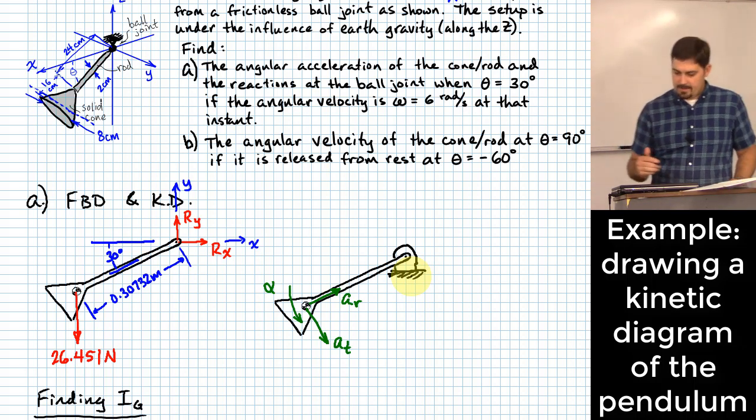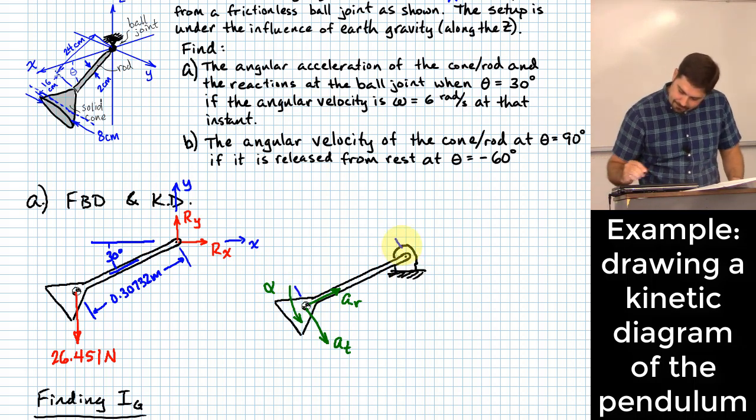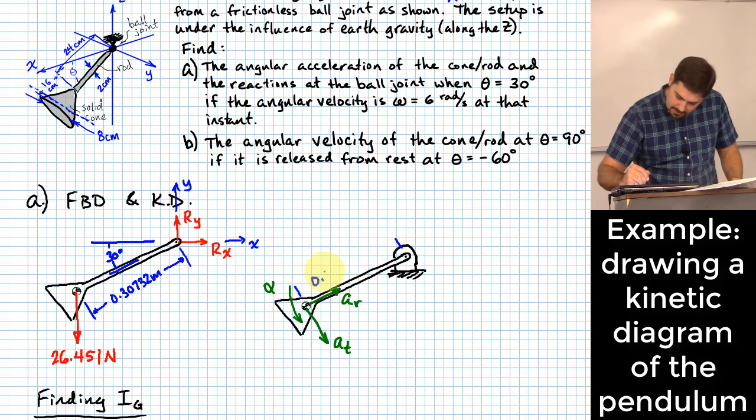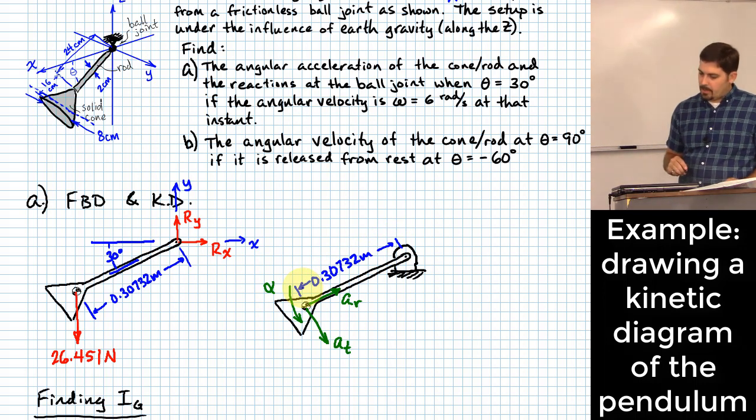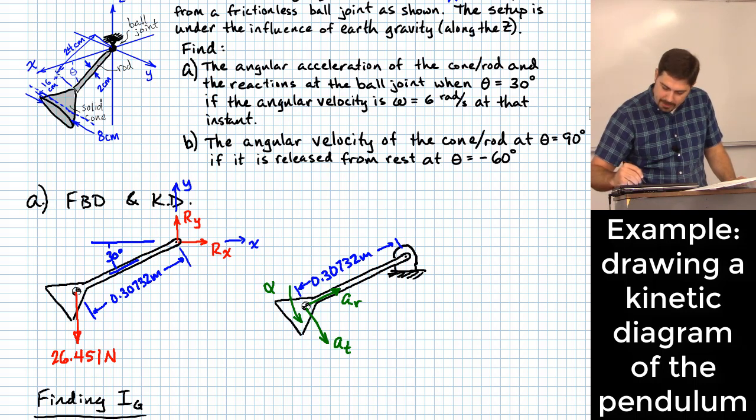Here's why. I know this length, right? I know the length from here to here is, again, 0.30732 meters. And because I know that length, and another piece of information I have that I'll actually put on here is at this moment in time, this thing also has an omega value, which is sometimes hard for me to figure out where to put.